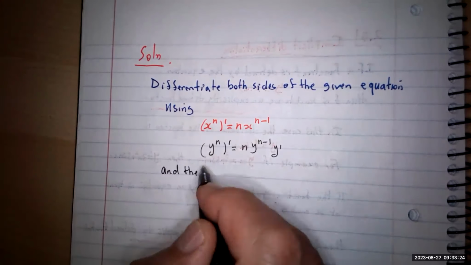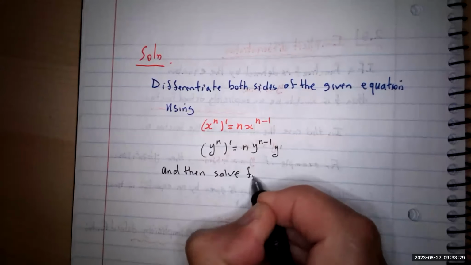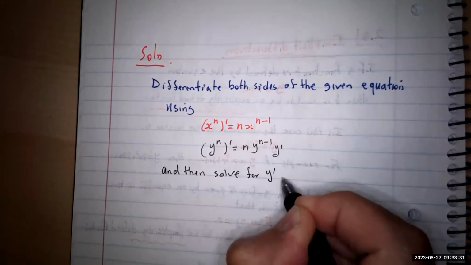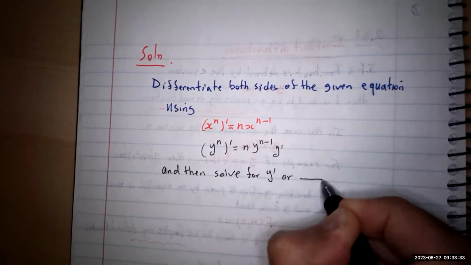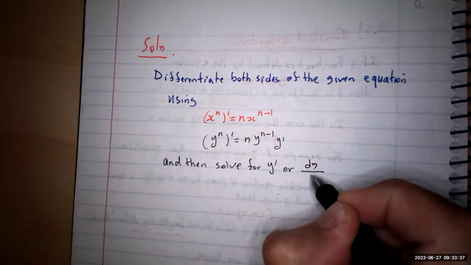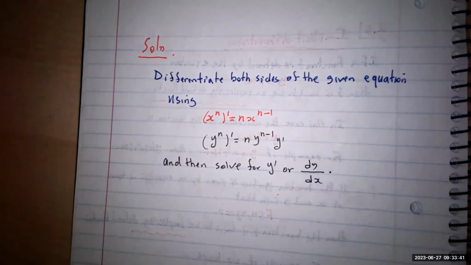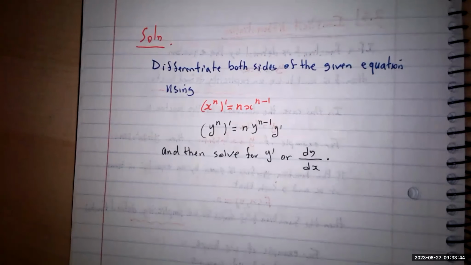And then solve to find the y prime. For y prime, it depends if you use this differential notation, which is in your book or some of the books, or this one. I just use the first notation. That's it. You need a little bit of algebra when you want to solve for y prime.